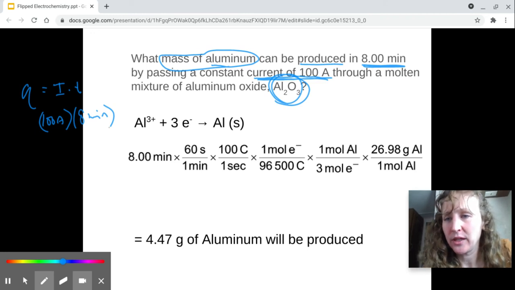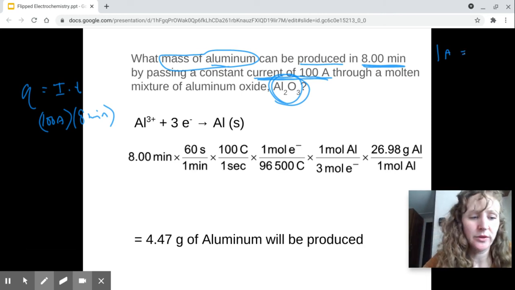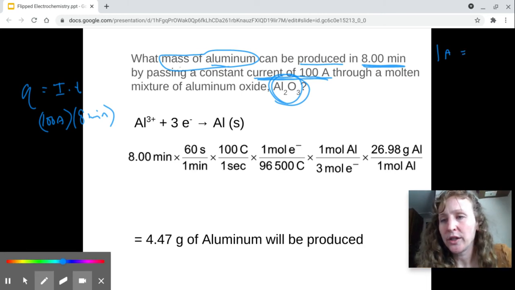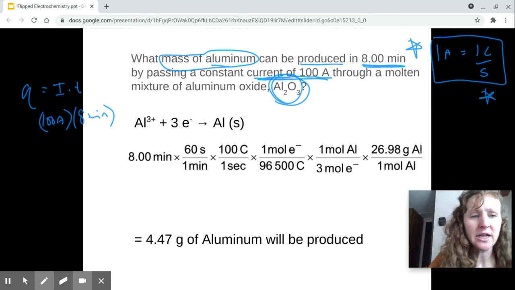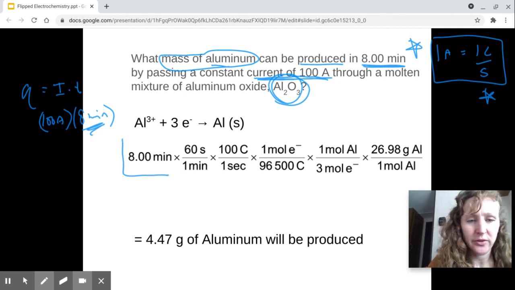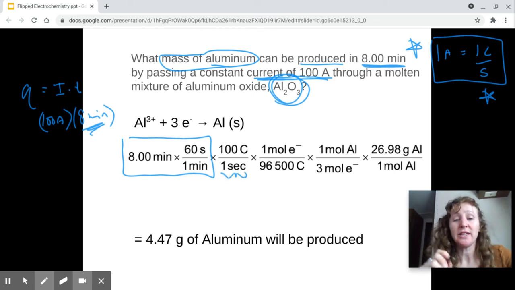One more thing you need to know: 1 amp is equal to 1 coulomb per second. So that's another conversion factor you would need. We need to convert minutes into seconds.